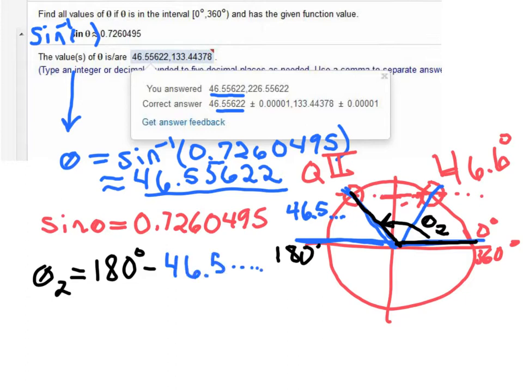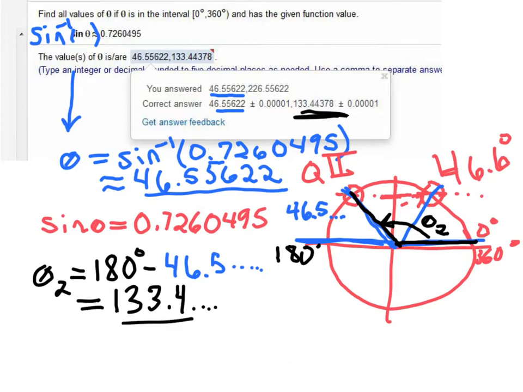And so we get our quadrant 2 solution. When you do that subtraction, you get 133.44378, the solution that MyMathLab has listed as the correct second angle.